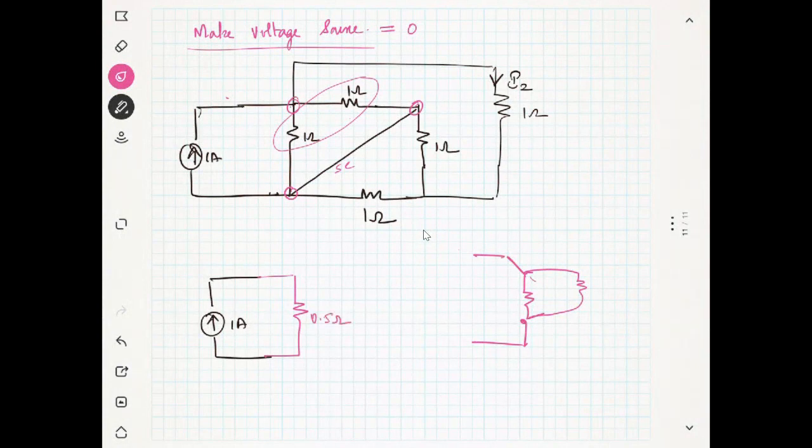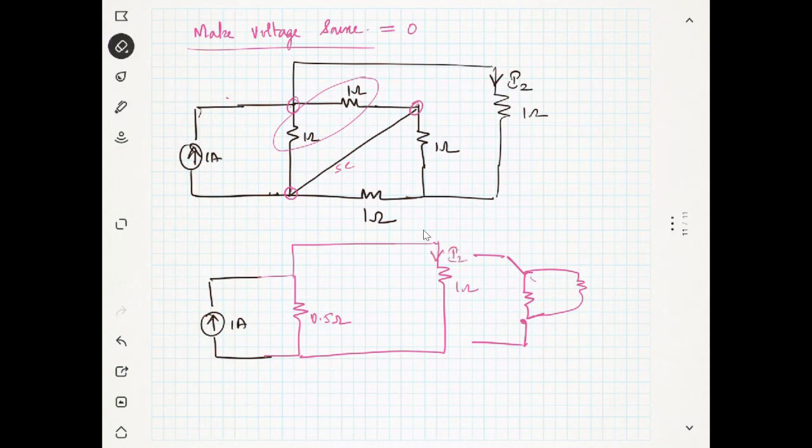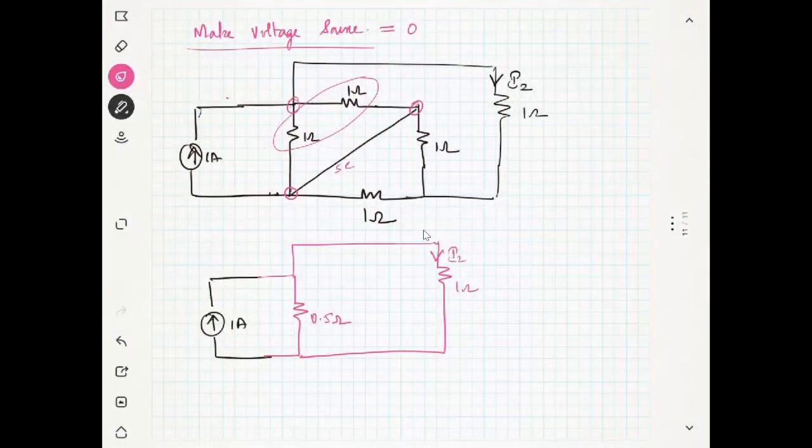Okay, now you have something which is known as your 1 ohm here, and some current is flowing, I2. Now what about the other part? Is it parallel or not? These points and these points and these points, is it parallel?